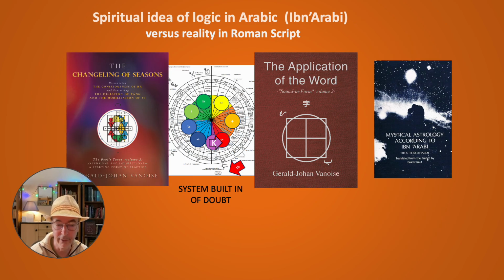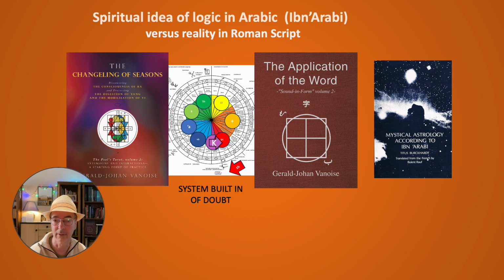And I have already reviewed this theory a few times, in two of my books. The first time I gave an overview of the yin and yang balance in my book The Changeling of Seasons, and there I showed where it comes from and how this balance uses an astrological background to show you this order.